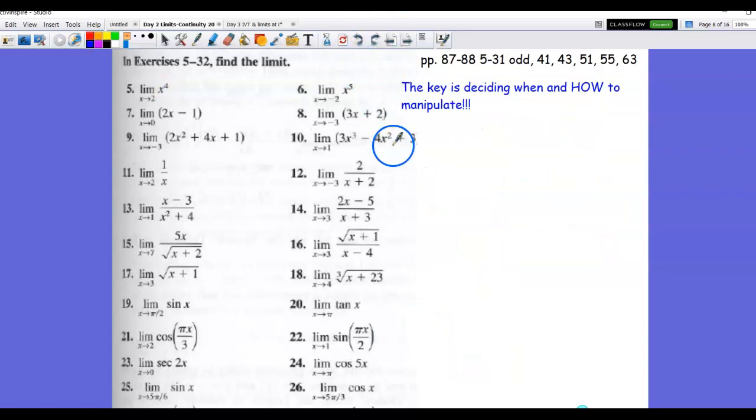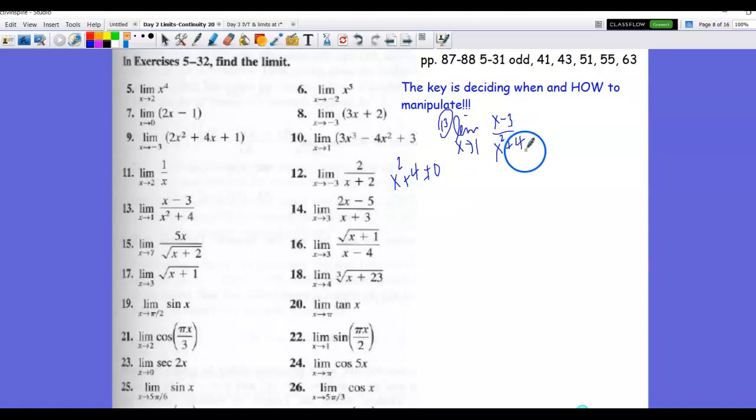In number 13, we have another rational function. So we have the limit as x approaches 1 from both sides of x minus 3 over x squared plus 4. This denominator cannot ever equal 0. X squared plus 4 cannot equal 0, because if you square a number, except for 0, you get a positive number, and if you add 4, it gets more positive.